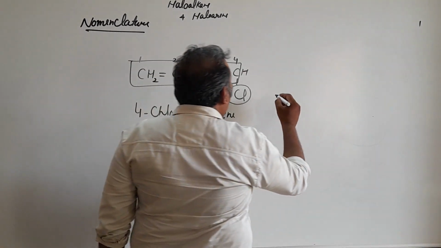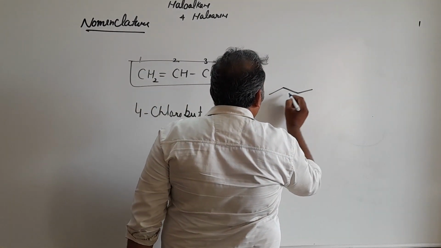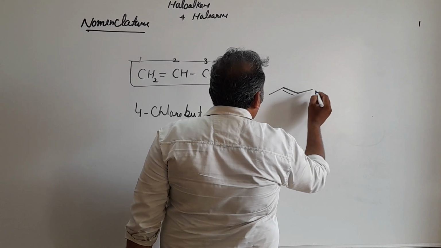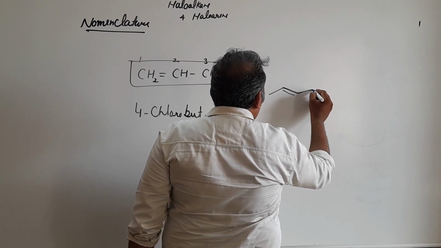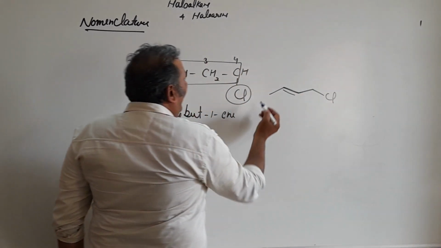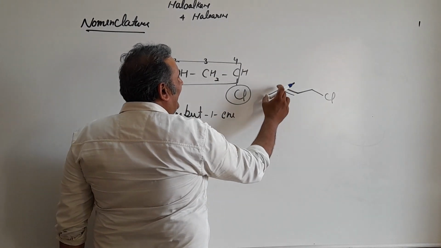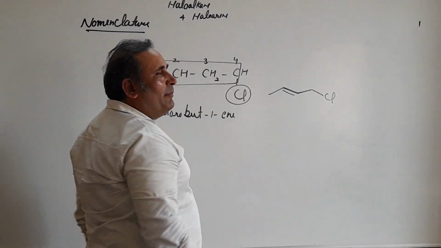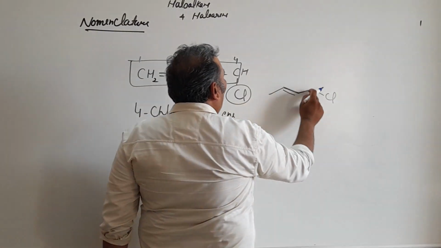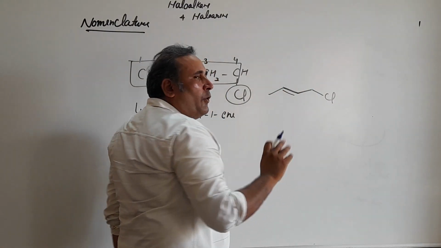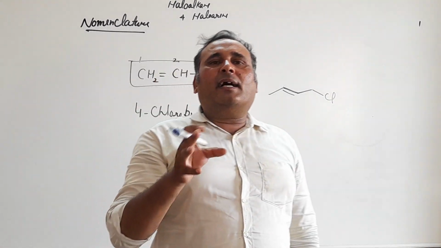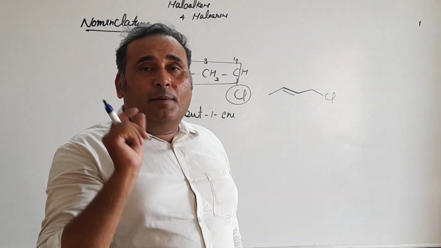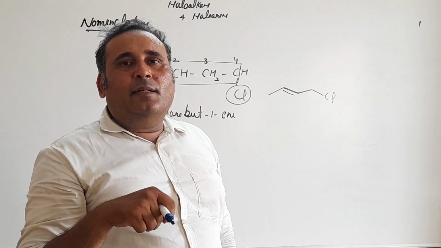Similarly, if we take another compound, the double bond is at the second carbon. Numbering from both sides of the parent chain, the double bond comes at the second number.